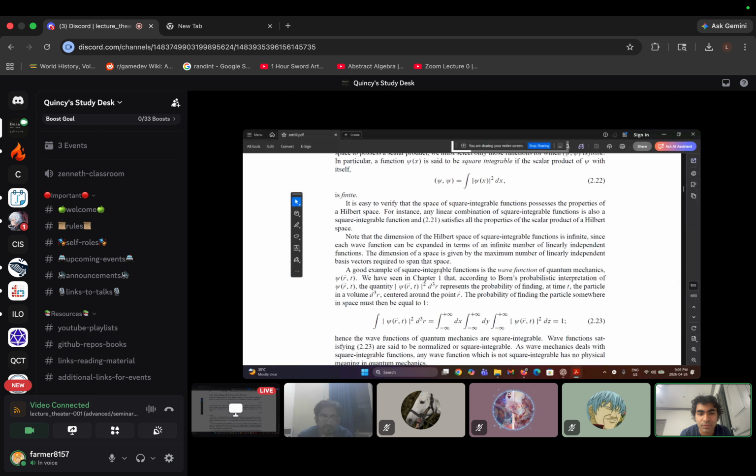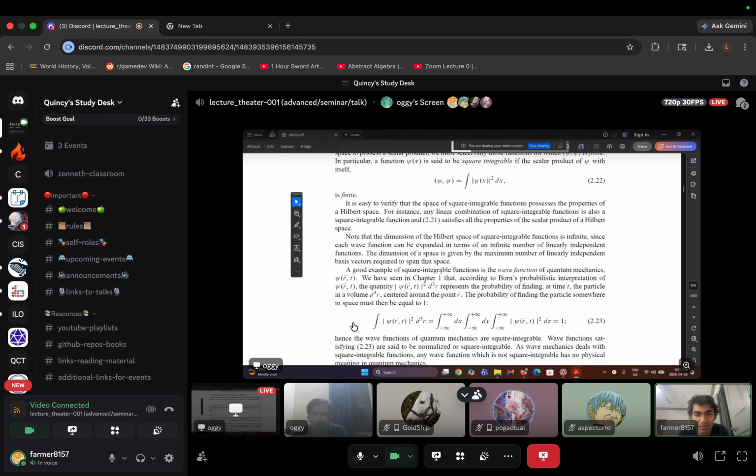We have seen in Chapter 1 that according to Born's probabilistic interpretation of psi of r,t, the quantity absolute value of psi of r,t squared d cubed r represents the probability of finding at time t the particle in a volume d cubed r centered around the point r. The probability of finding the particle somewhere in space then must be equal to 1.